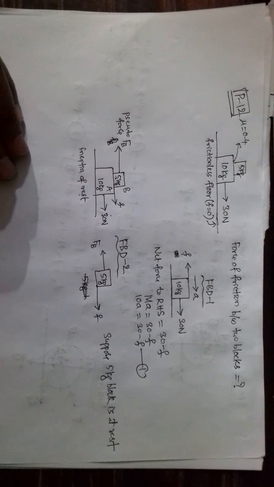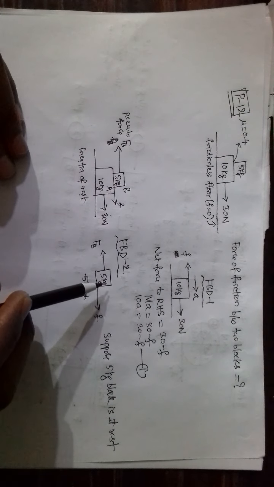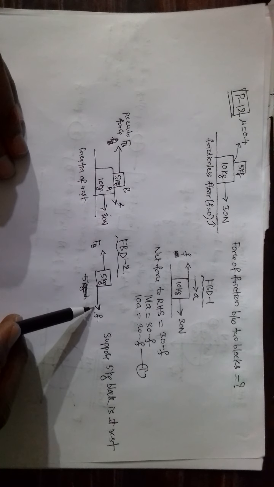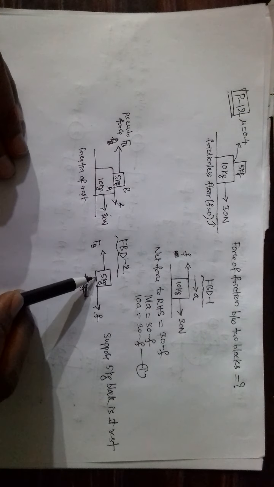Friction opposes, here also the same thing. Here pseudo force is working on 5 kg in this direction. At the same time, friction force is working in the opposite direction. So under the action of two opposite forces, the 5 kg block can be at rest. Possibility is there. Therefore, we are supposing that the 5 kg block is at rest.